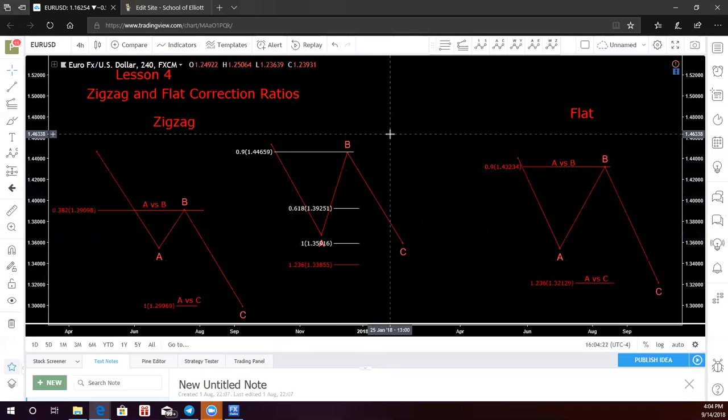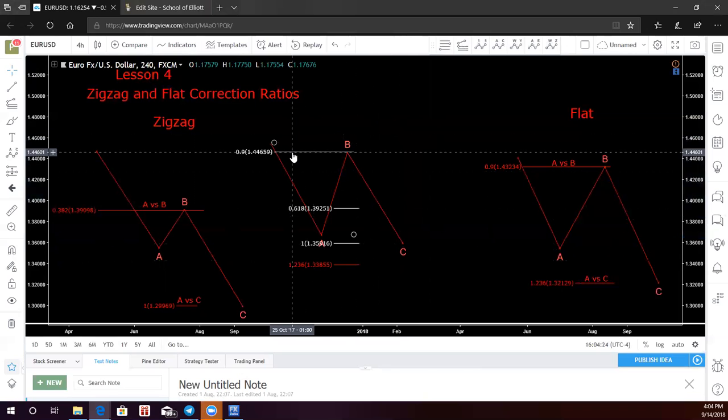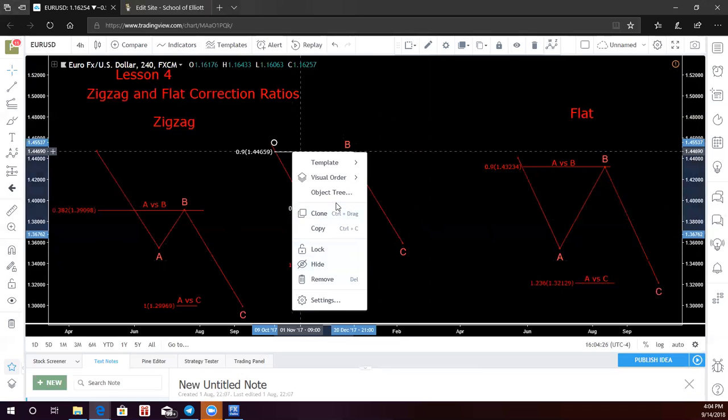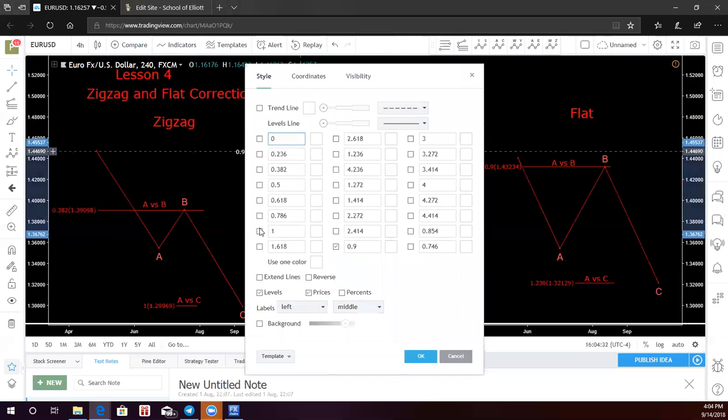Now, again, there are two other types of flats. The second is an expanded flat. So here, in an expanded flat, you're going to be looking for the 1.236 for a wave B. Where is this at? 1.236.